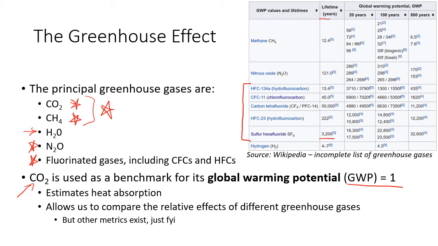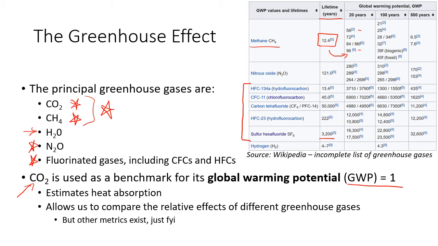Everything has a lifetime in the atmosphere, as it chemically reacts in the atmosphere to form different gases or different byproducts. Methane, for example, only has a lifespan of 12.4 years on average in the atmosphere. So over 20 years, it's going to have a larger global warming potential than carbon dioxide by anywhere from 56 to 96 times, depending on what study you're looking at.